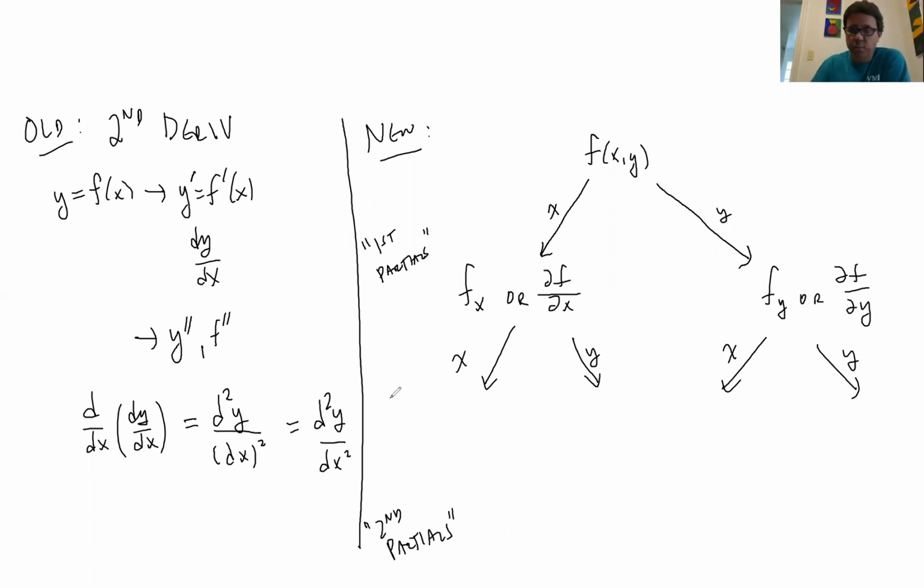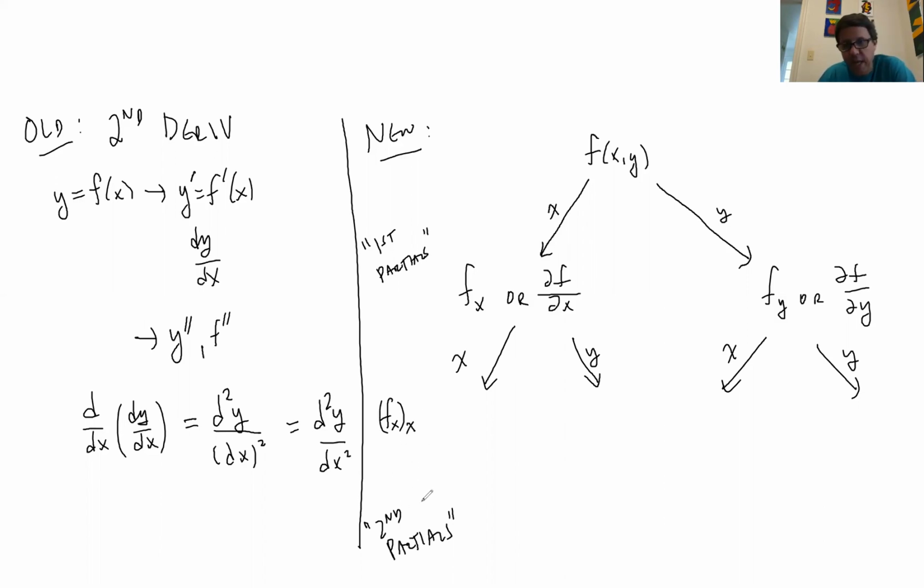So notationally, what does this look like? We'll do notation and then we'll talk about how do you actually compute it. I don't want to do the limits because it gets hard. So let's see. If I took my first derivative and I wanted to do the derivative again, I would write it as f sub x, and then take an x derivative.